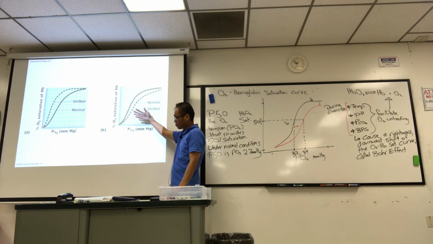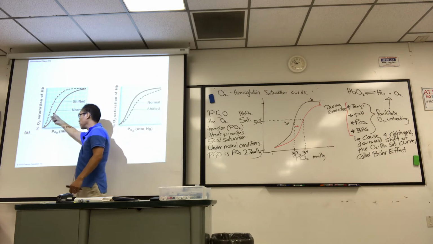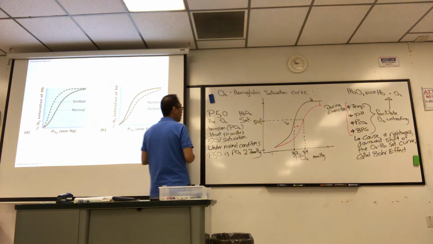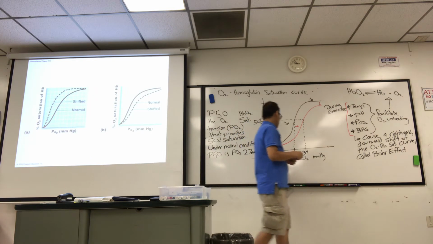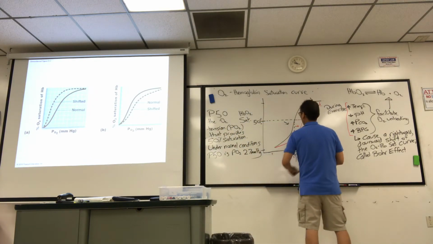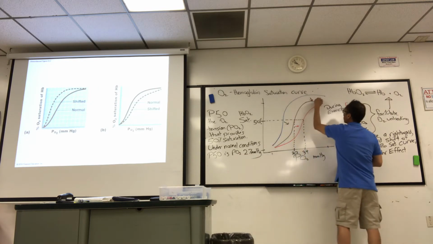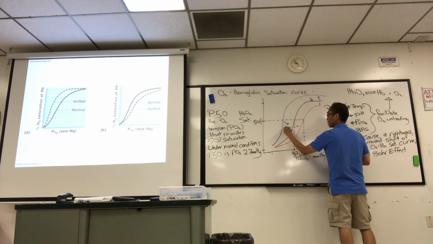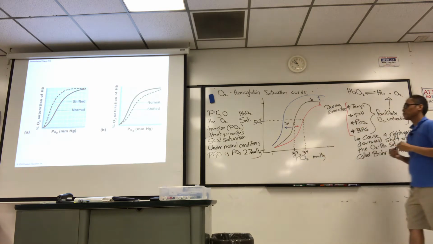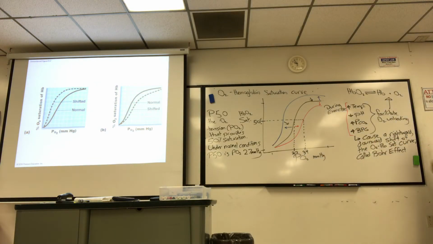I talked about one shift. I guess you can shift it the other way too. You can shift it up and to the left. If these things cause a rightward shift, I guess you can just reverse everything, and that will be your other shift.